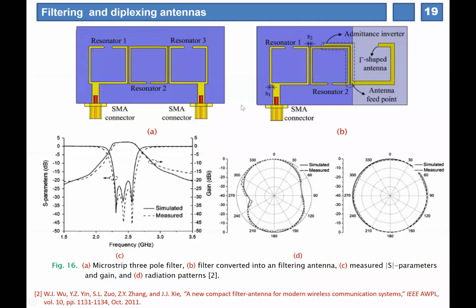So this is a very simple design, but it is quite effective. You can see it has a very sharp gain fall beyond that band. And this is the radiation pattern of the antenna shown in figure 16d. So this is a filtering antenna.